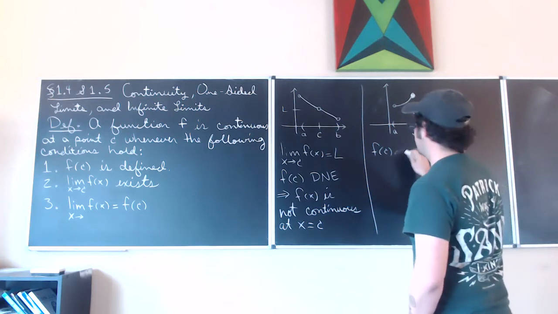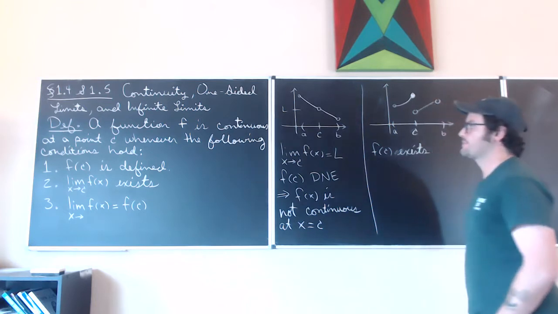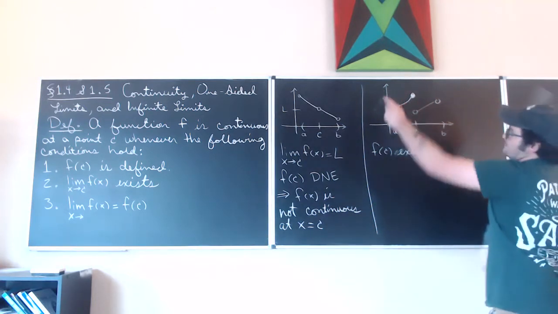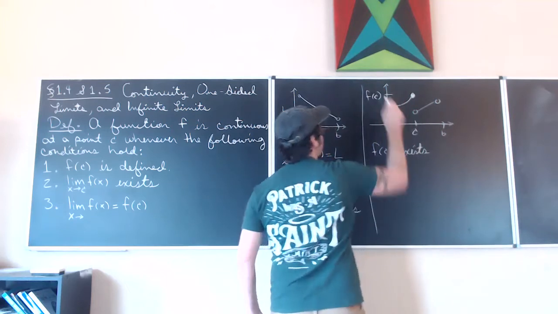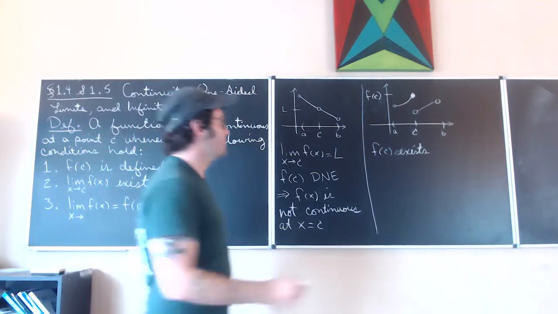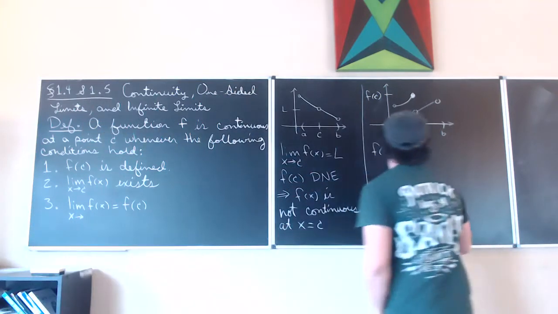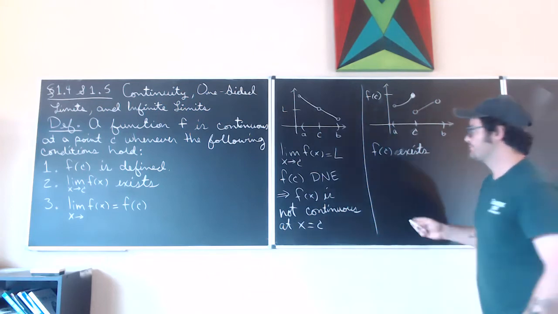So this exists, it's just simply that value right there. But the limit as x approaches C does not exist here.